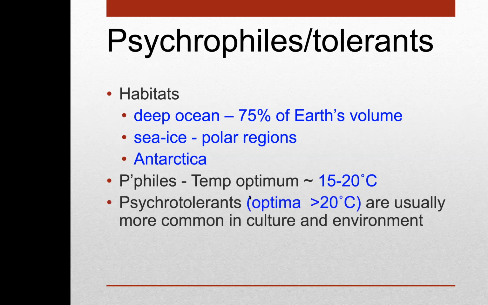Far more organisms are psychrotolerant, meaning they grow optimally above 20 degrees C. However, if they are placed at 10 or 15 degrees Celsius, they can survive and grow just at a lower rate. So what we're really looking at here is where you're optimally growing. And so this makes a lot of sense. But there are still plenty of psychrotolerant and psychrophilic organisms out there.